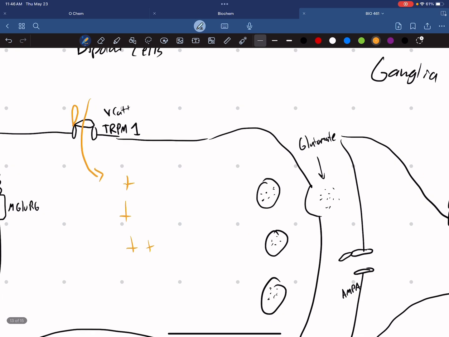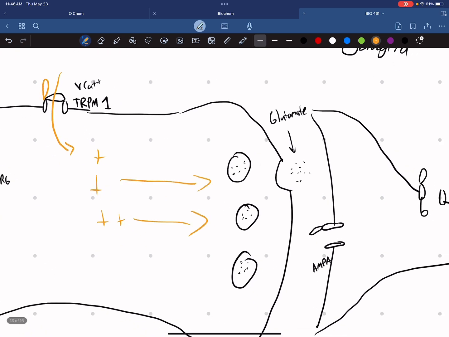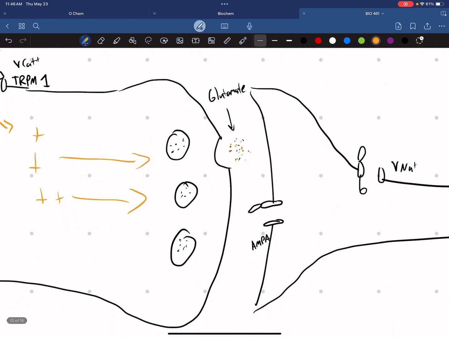And so they will continue down this pathway, and these vesicles will release glutamate here in between the bipolar cells and the ganglia cells. And this glutamate will bind to this AMPA, which will open up this channel and allow for more positive ions to come in, continuing the sphere of influence.